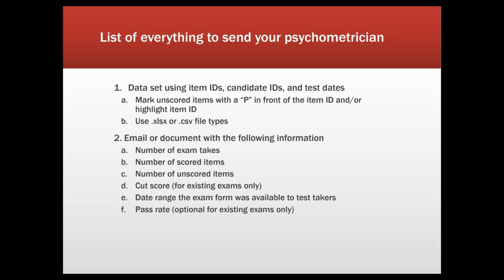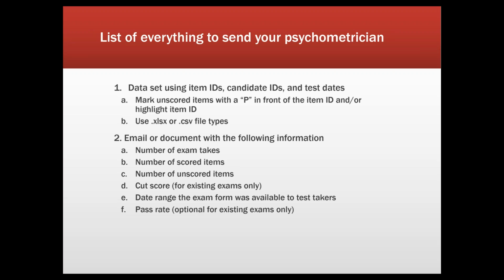And then it's very easy for us to identify. When you send us the file, please send it using either Excel or as a CSV file, because that we're going to be able to upload and use in any statistical software that we're using in order to do your statistics.